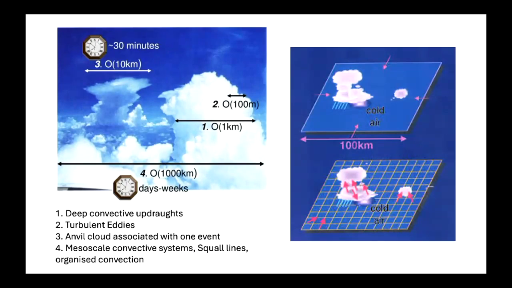These are all commonly found in mesoscale convective systems, such as squall lines and organized convection. And here on the right, conceptually, is how these cloud systems are captured within a climate model grid box at the top, and by our high-resolution cloud resolving models at the bottom.